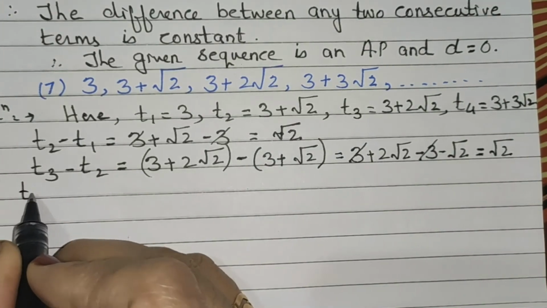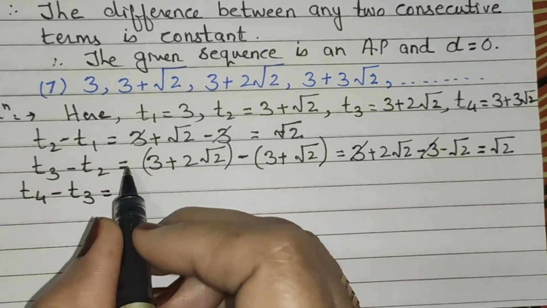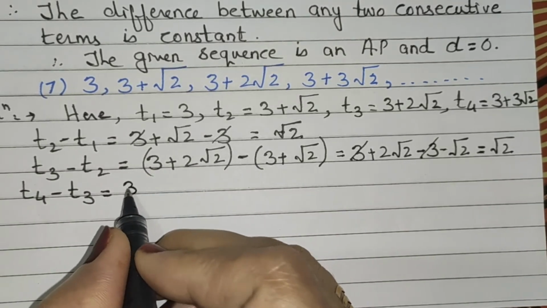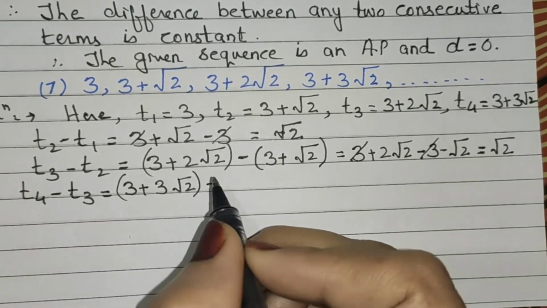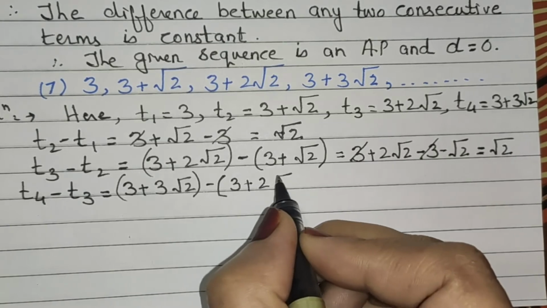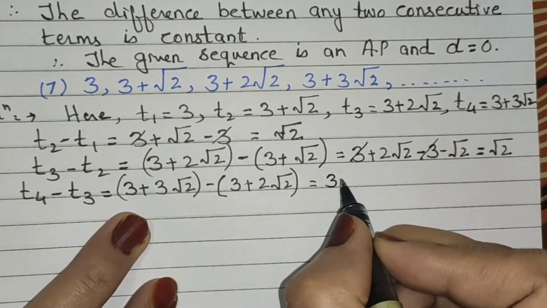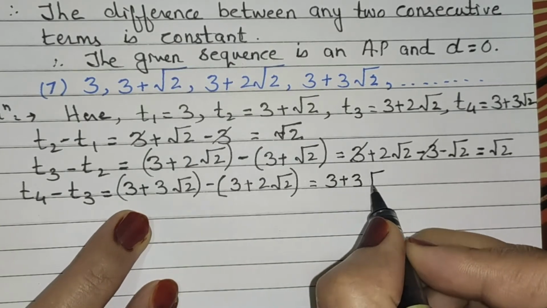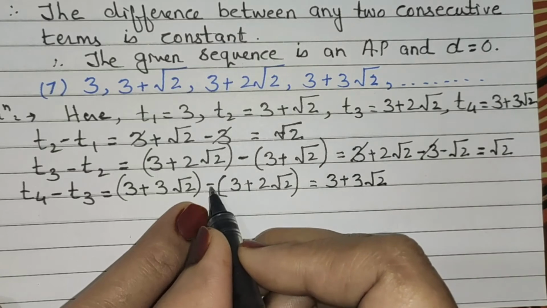Now next, T4 minus T3 is equal to, T4 is 3 plus 3 root 2 minus, and T3 is 3 plus 2 root 2. Open the bracket here, first write as it is, 3 plus 3 root 2. Now before the second bracket there is minus 1.